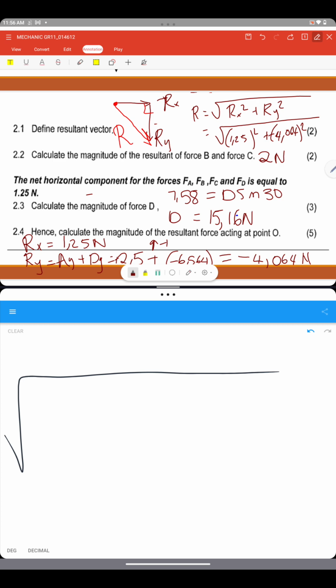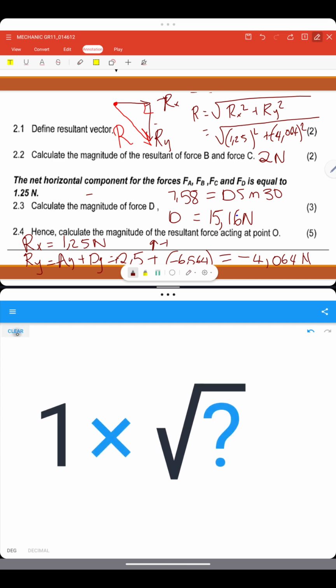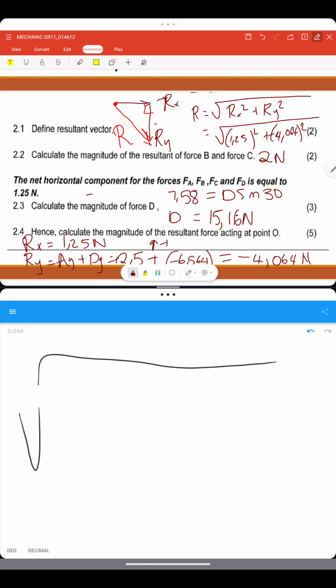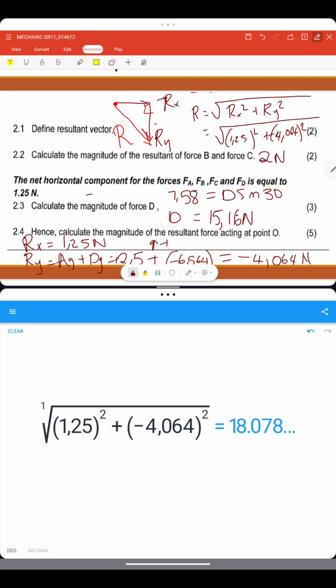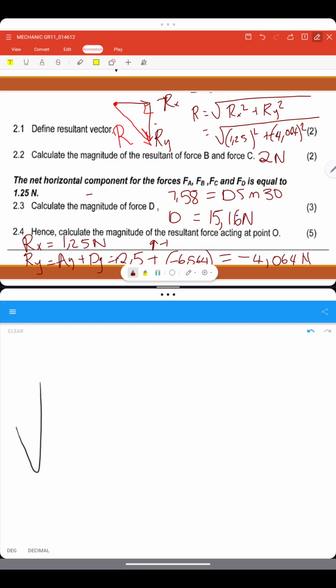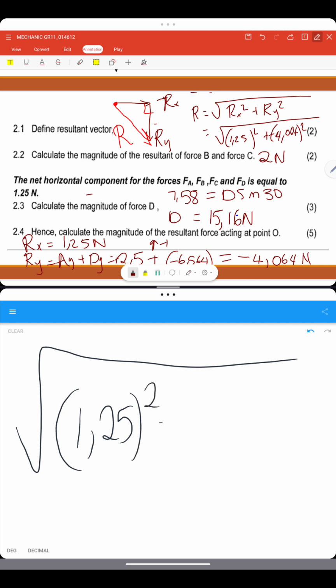Okay, if I punch that in calculator, let me clear that. Let me try again. I don't know, for some odd reasons I'm doubting that answer. 1,25 squared plus negative 4,064 all squared.